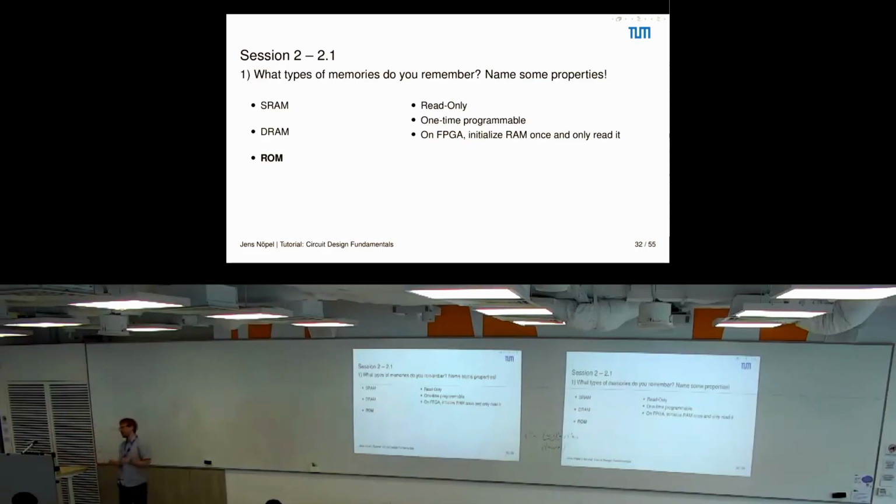Because FPGAs only contain SRAM most of the time. You just initialize the RAM once and only read it. Then you kind of have read-only memory. It's not true read-only, but you just use it as if it were read-only memory.